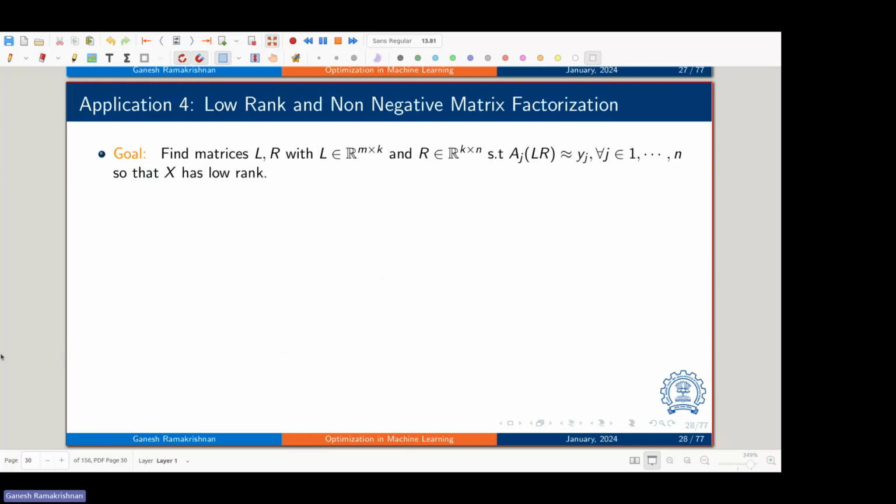I can apply it for, say, the same problem of matrix completion. You could have another objective function. Now we are a little agnostic to the objective function, but I'll just take the same objective function as last time. What is the objective function? You should now start recapping. This is important. What was the objective function we had then?